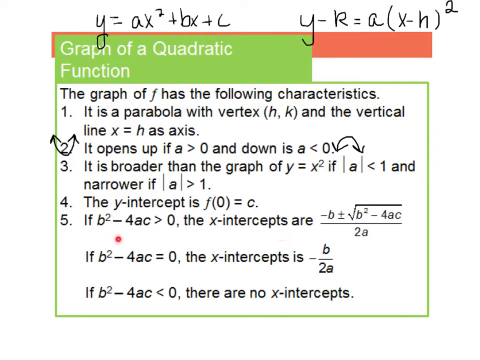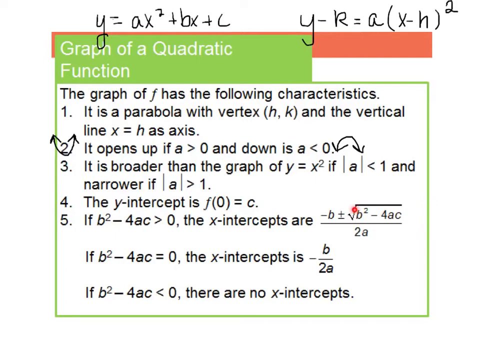So if you have b squared minus 4ac, and that value is greater than 0, then to find the x-intercepts, there's your quadratic formula. If the part underneath the square root is equal to 0, then your x-intercept is negative b over 2a. If it's less than 0, that means you've got a negative under the radical.